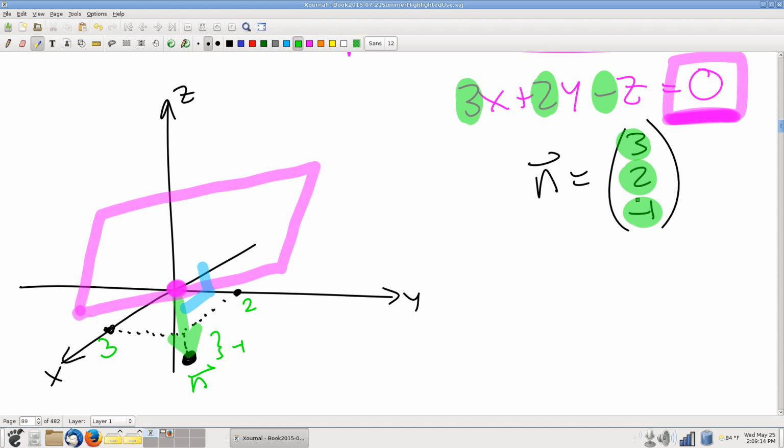Those are the x, y, and z coordinates. So the x coordinate was 3, the y coordinate was 2, the z coordinate is -1. x means how far in the x direction, y means how far in the y direction. Yeah, I'm saying with the actual dotted line. Are you just drawing basically an XY plane?